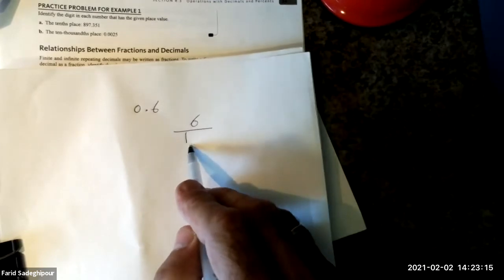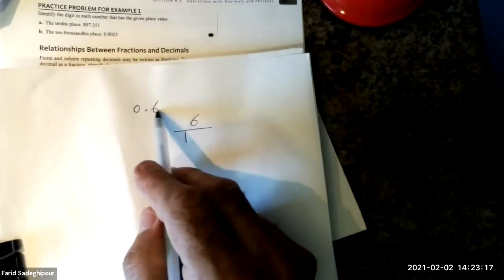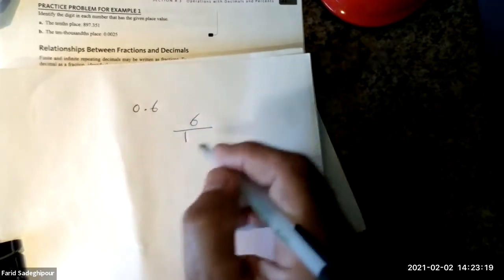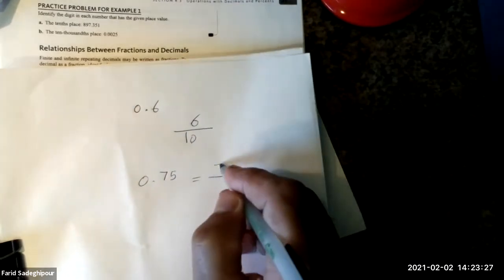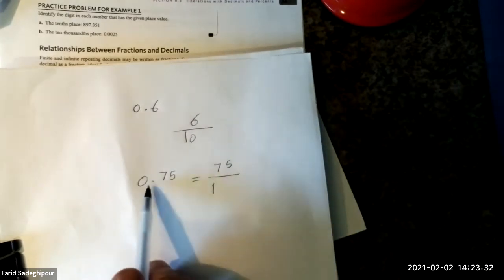At the bottom, how many 0s do I put after 1? There is just one digit after the decimal. You put one 0. Let's say you have 0.75. You write 75 at the top, 1 at the bottom. How many 0s after 1? After the decimal, there is 1, 2. So you put 2 here. Okay.